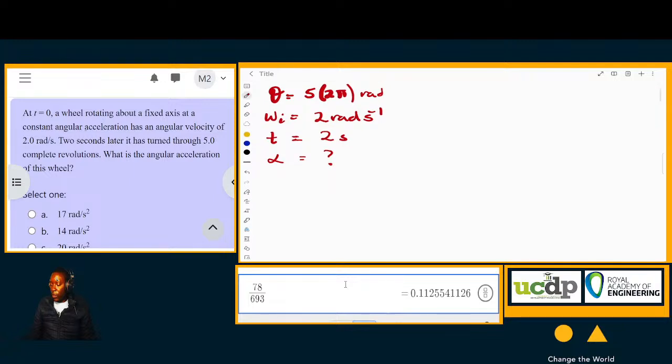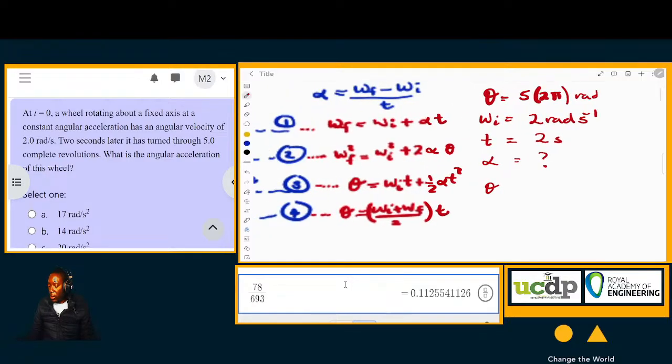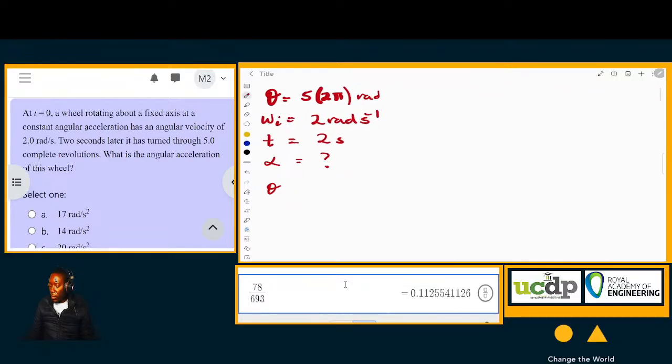So if we are given s, it means we use theta. We use equation number 3: theta is equal to omega I times t plus half alpha t squared.